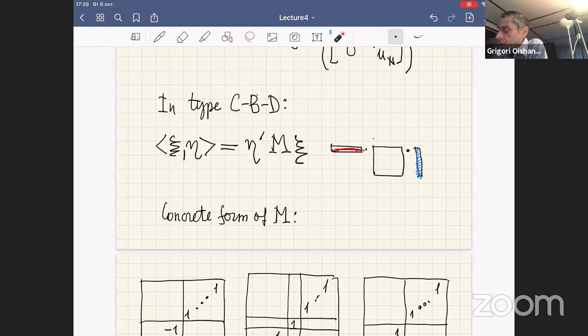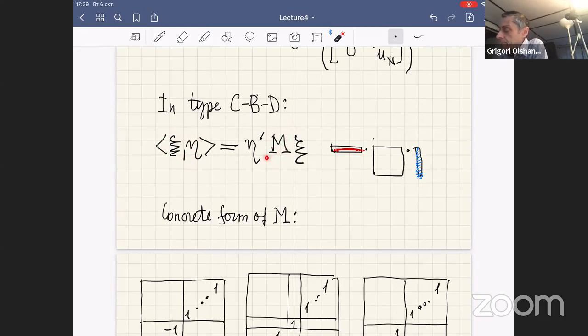Any such form can be written as follows. I assume that xi is a column vector, eta is also a column vector, but we transpose it. So we take this multiplication, row vector, matrix, column vector, and the result is a number. This is just the definition of the form.